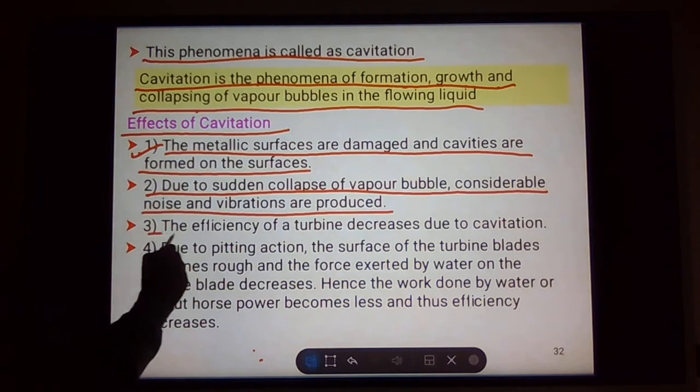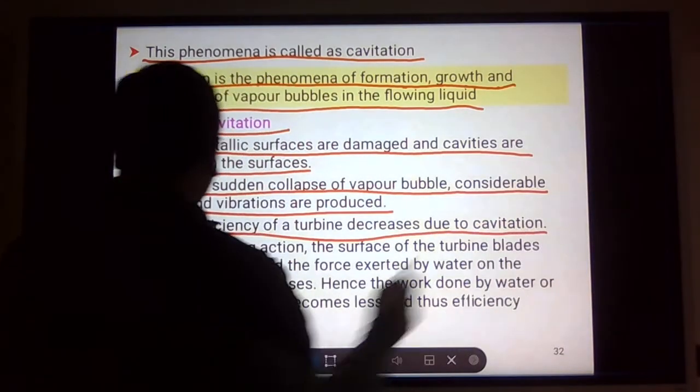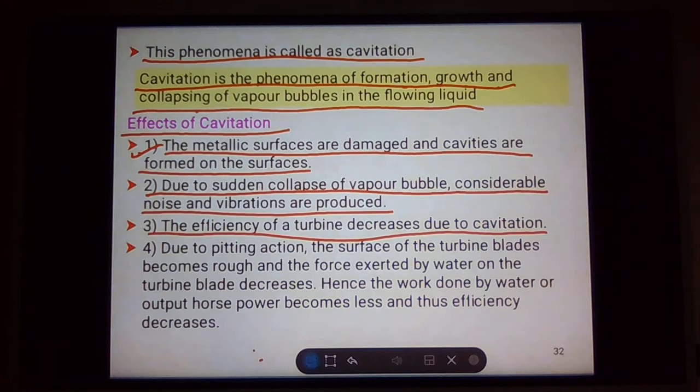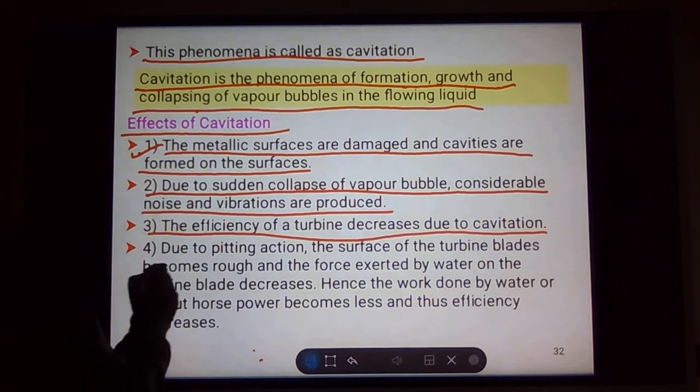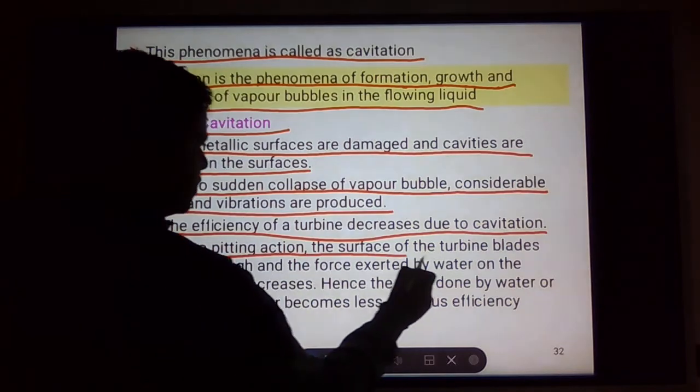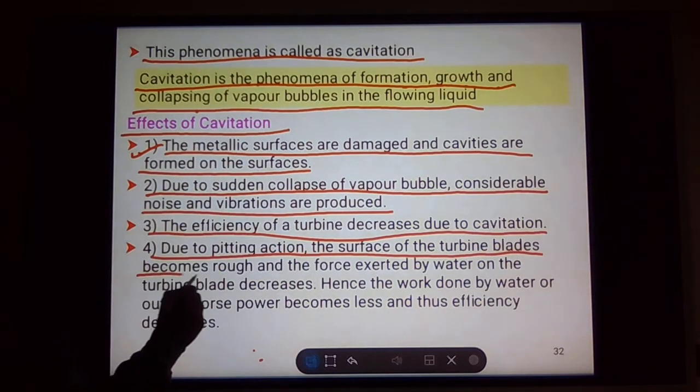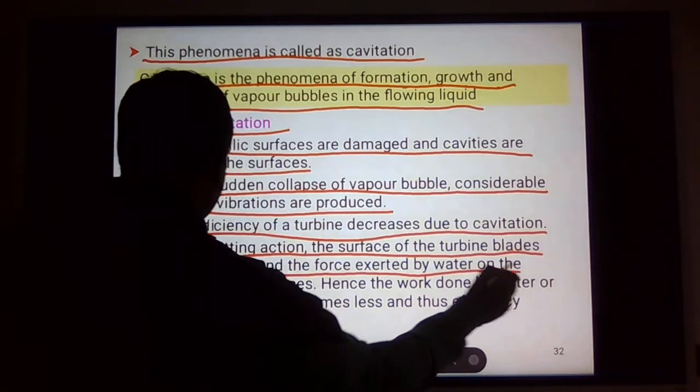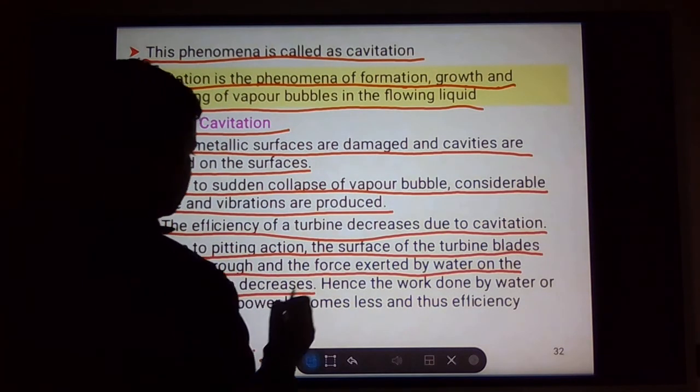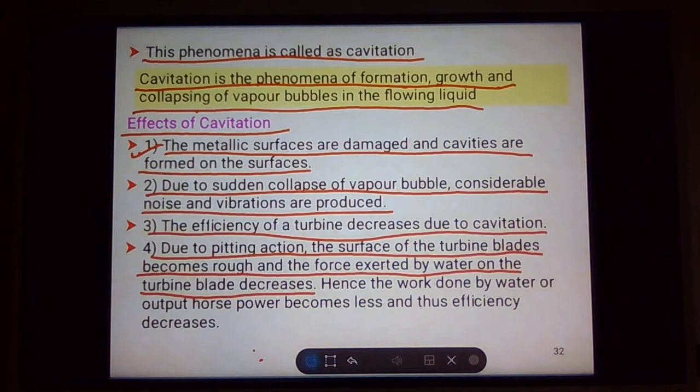So the efficiency of the turbine decreases due to cavitation. Any kind of noise or vibration requires some energy, so the output energy will be less. So the efficiency of your turbine will definitely decrease. Now due to this pitting action, the surface of the turbine blades becomes rough and the force exerted by the water on the turbine blade decreases. During the derivation of all the efficiencies and the force, we have considered that your blades are smooth.